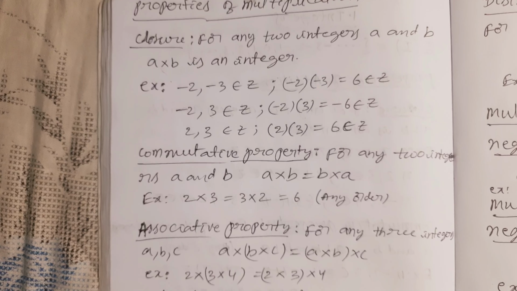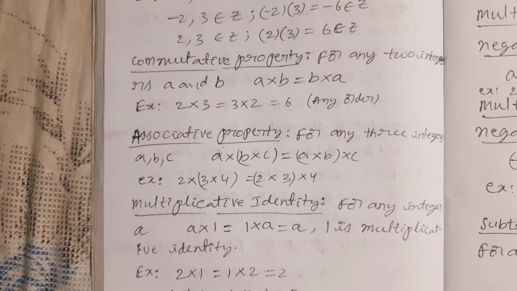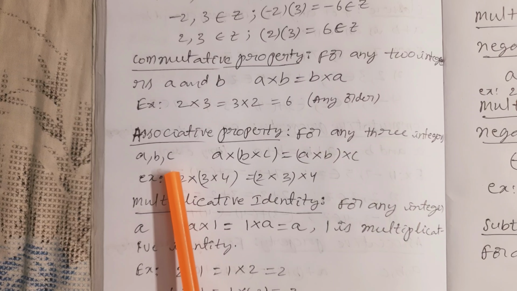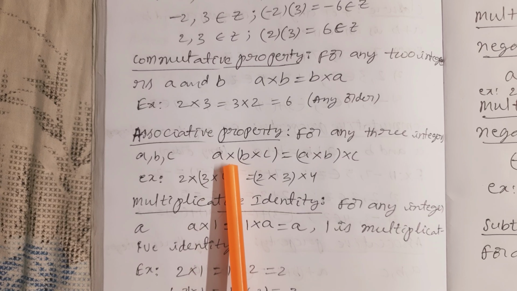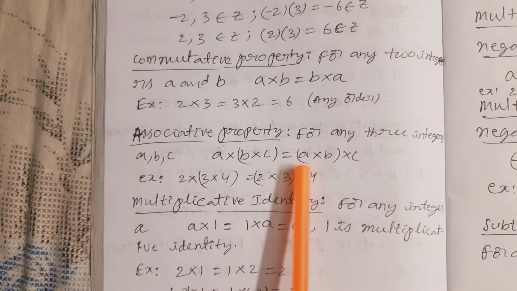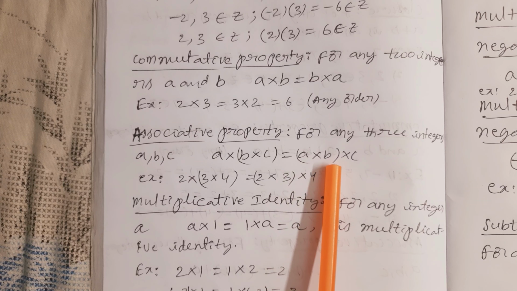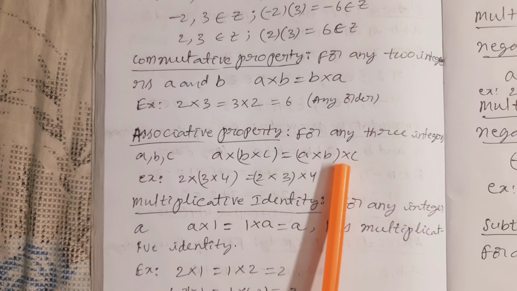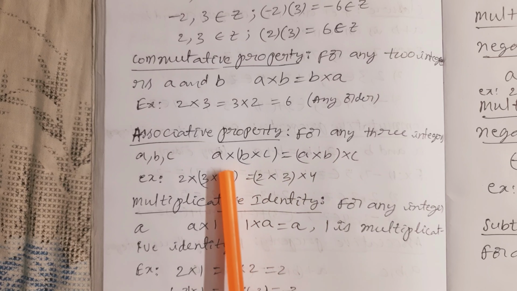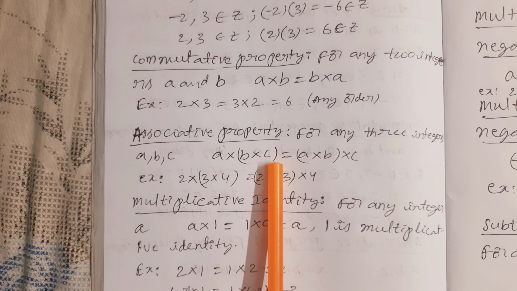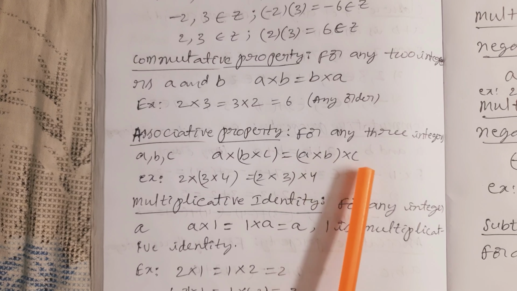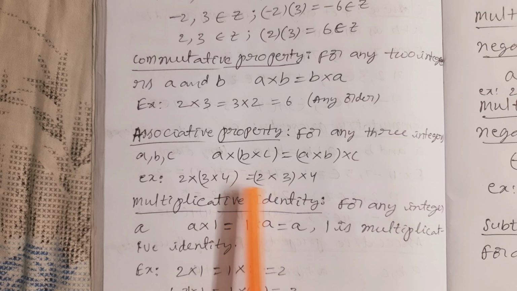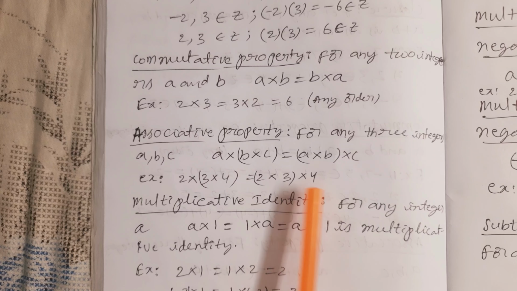Associative property. For any three integers, the same way as we have discussed previously, for any three integers a, b, c, a into b into c is equal to a into b, this is in bracket, into c outside. That means just the bracket order is changed. Now an example: 2 into 3 into 4 is equal to 2 into 3 into 4 with the brackets moved.